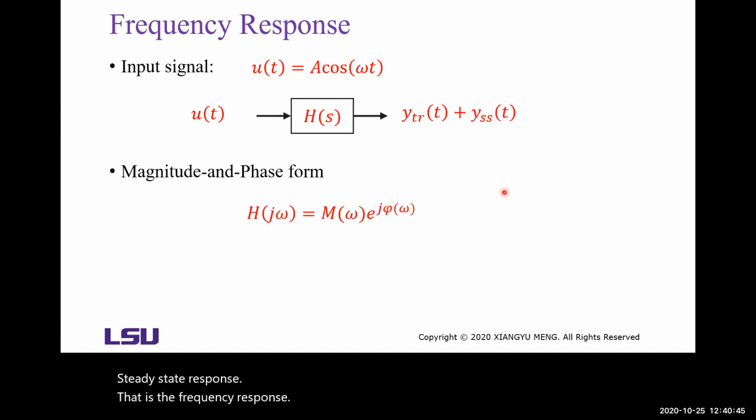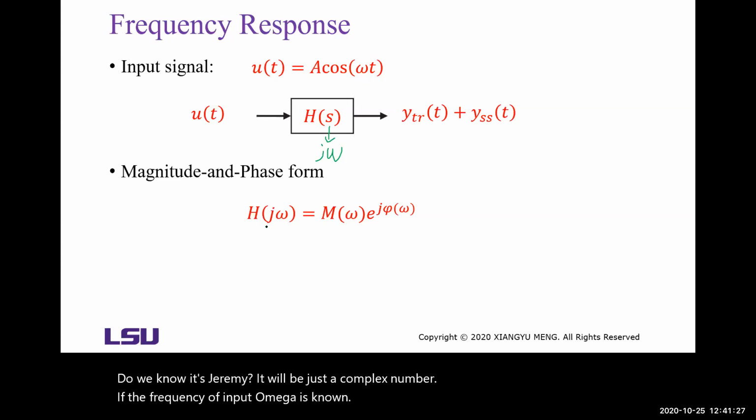The first step, we need to replace the s, the complex number, by j omega, where omega is the frequency of input signal. Then we have H(j omega), which will be just a complex number if the frequency of input omega is known.